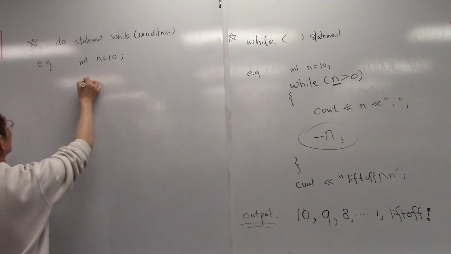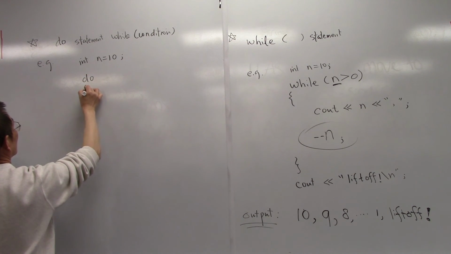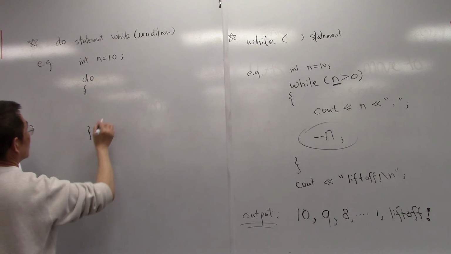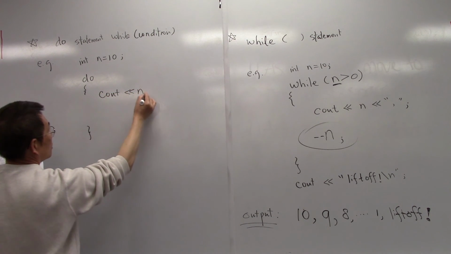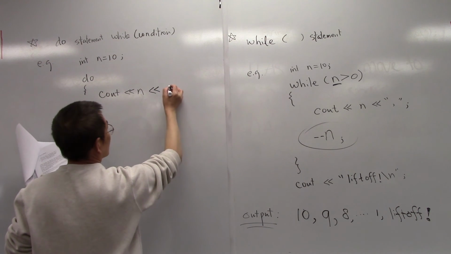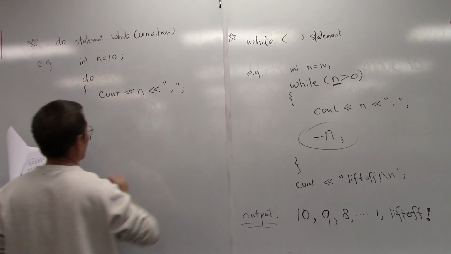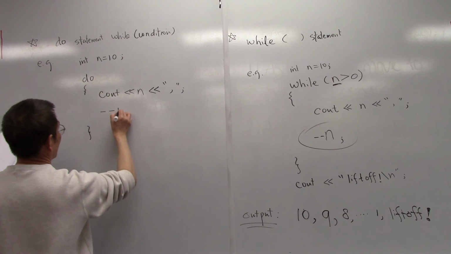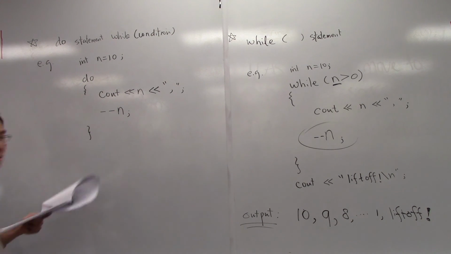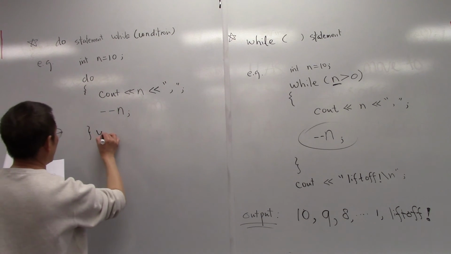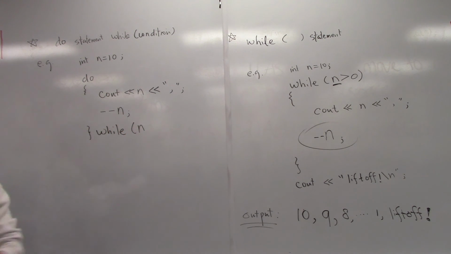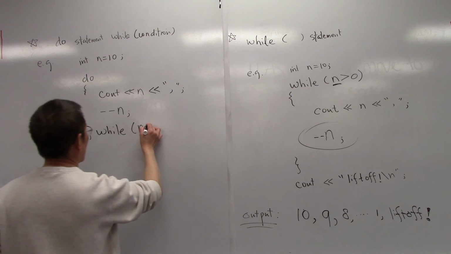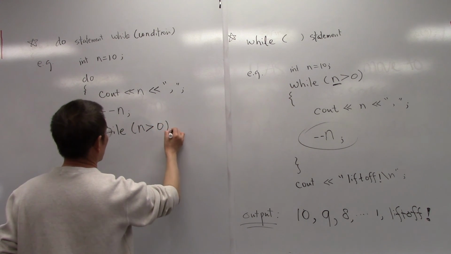And then we can say do, cout n, less than less than comma, semicolon, and then decrement n, while n is larger than 0.